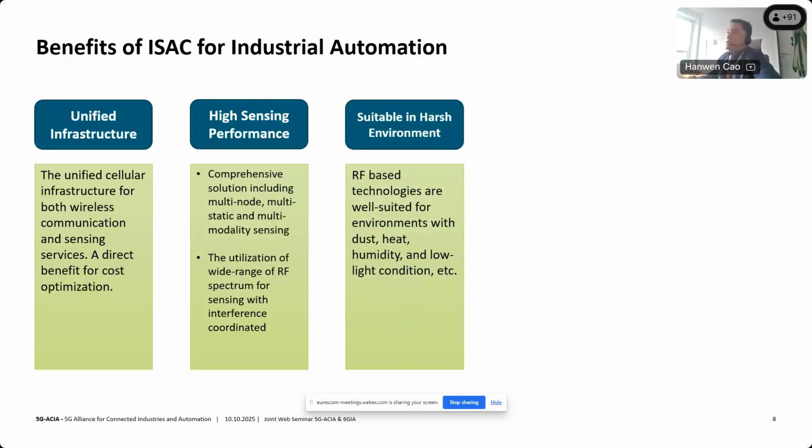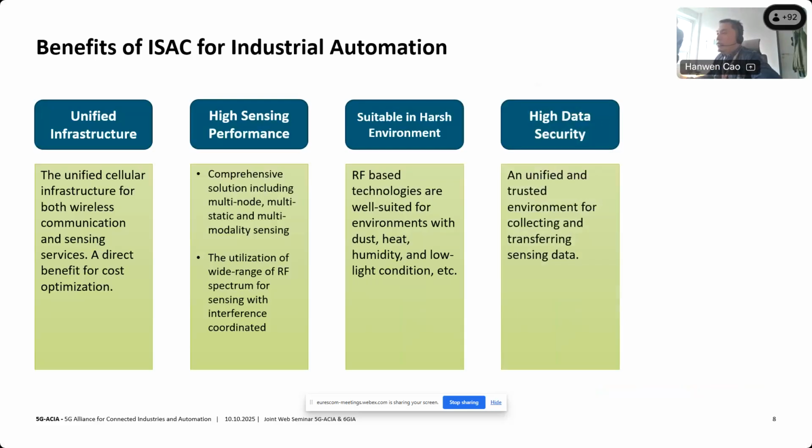It has unique suitability for harsh environments, because our technologies are well suited for environments such as dusty, hot, high humidity, and low light conditions. And a unified infrastructure can provide unified security functionalities.